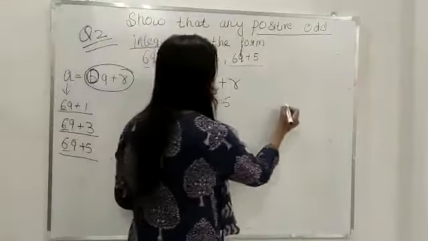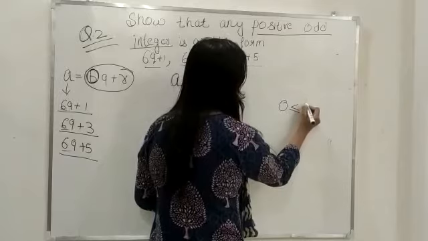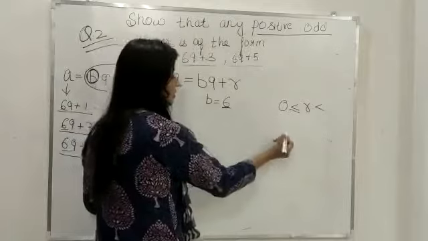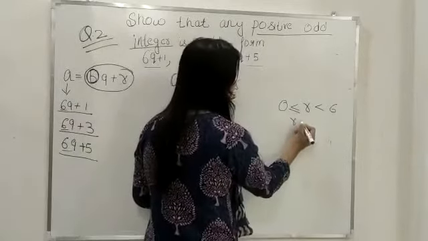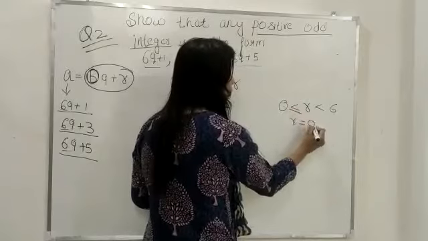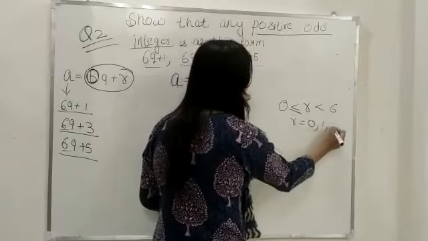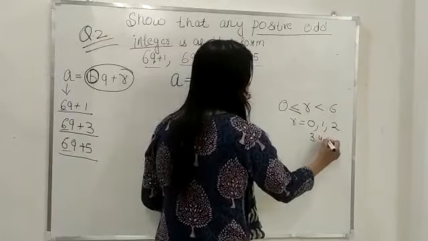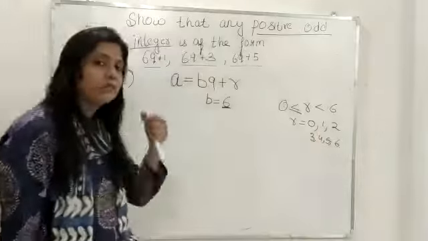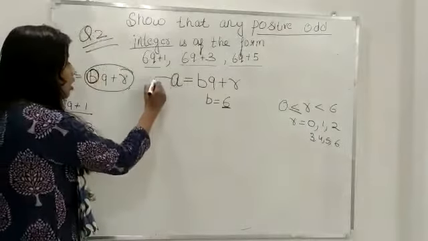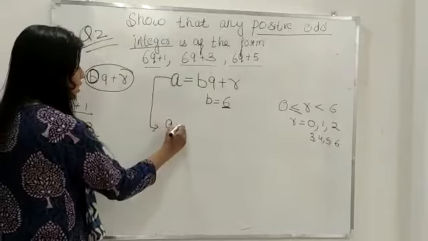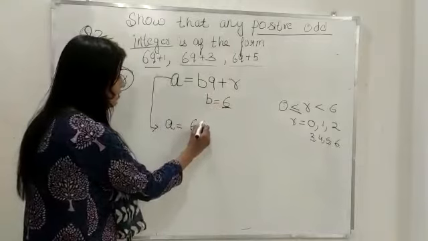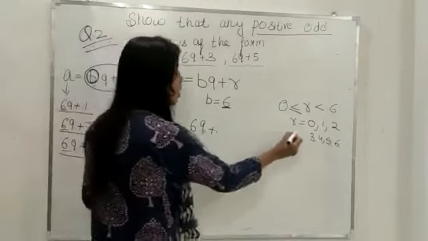The remainder is between 0 and B. Your B is 6. So your R can be equal to 0 and it goes up to 6 but not 6. So R can be 0, 1, 2, 3, 4, 5. Right? So your positive odd integer A can be 6Q plus R. So your R can be 0.